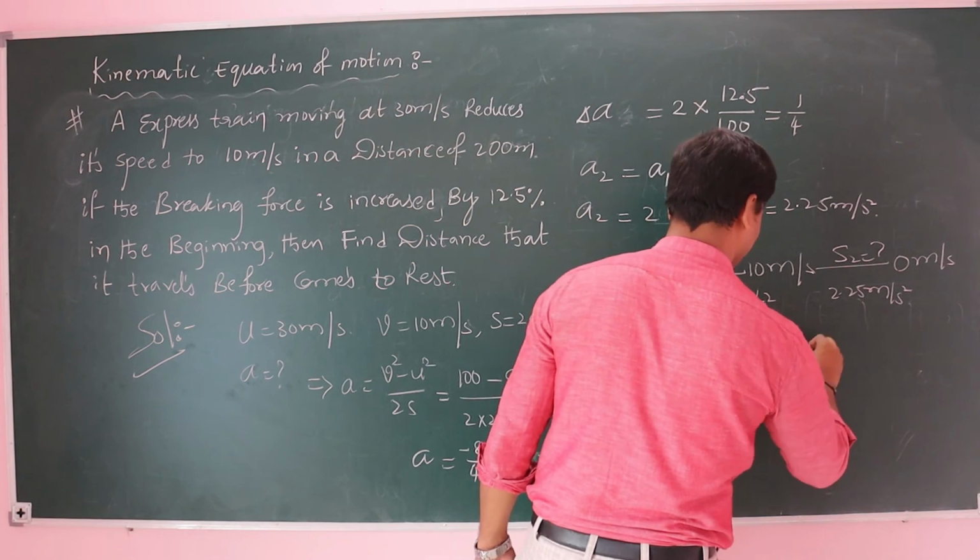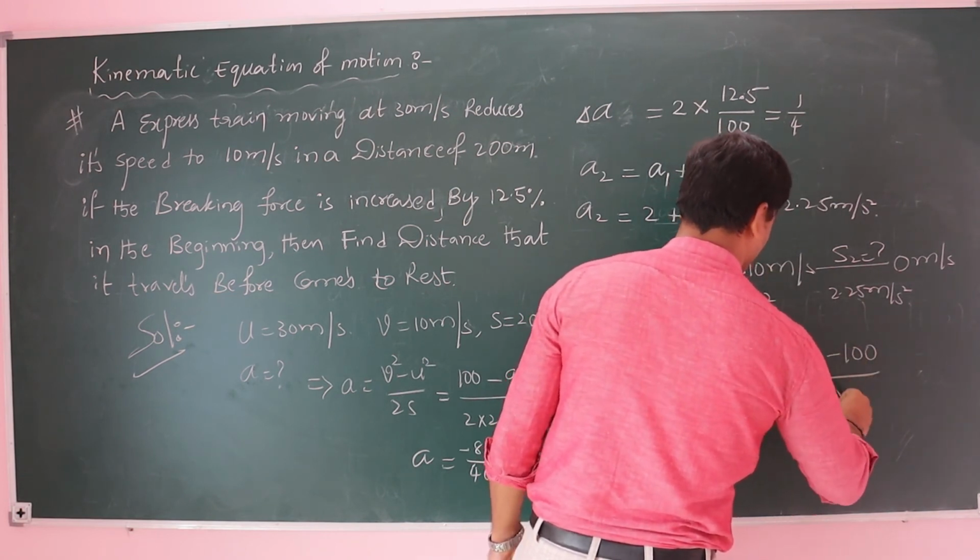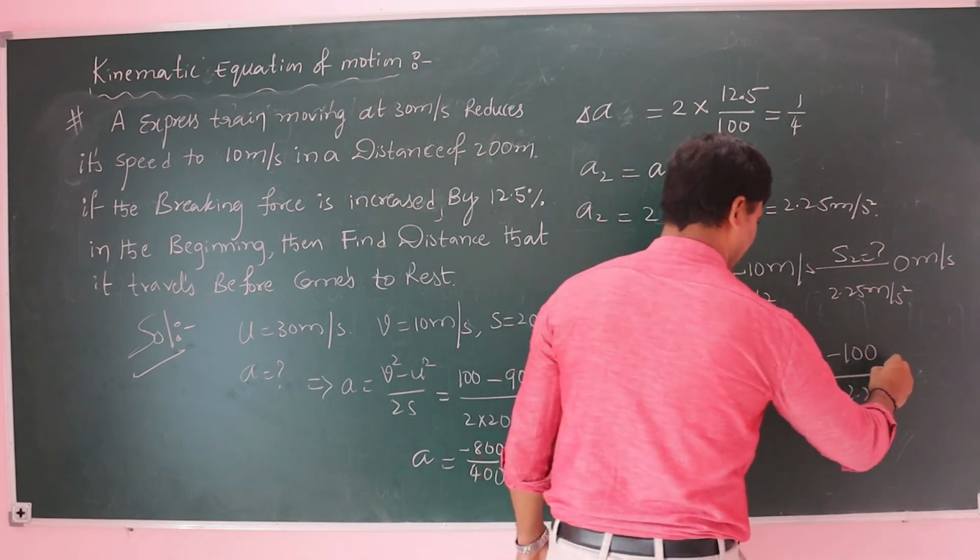That is 0 minus 10 squared by 2 into 2.25, which is nothing but 5.